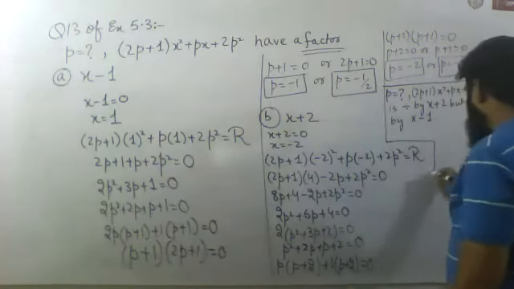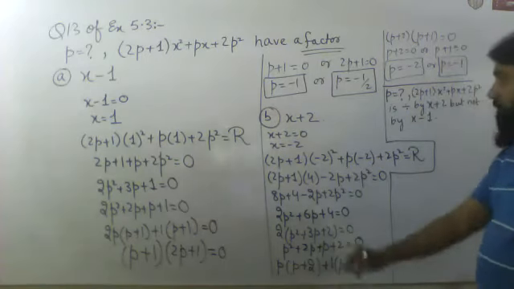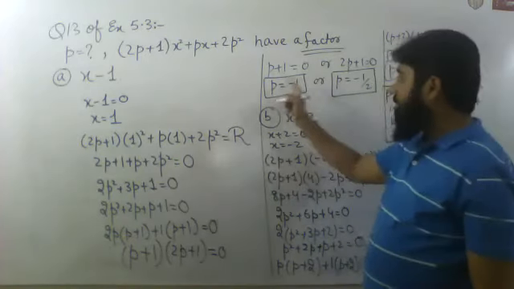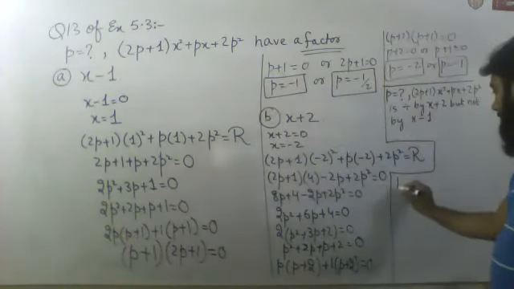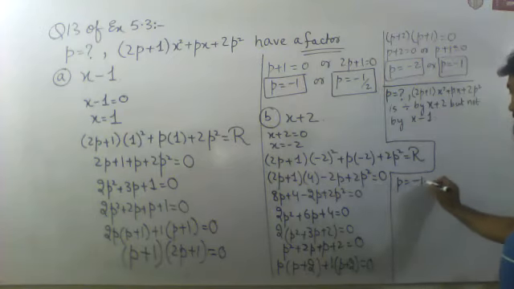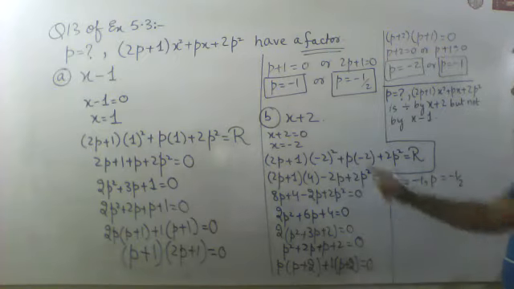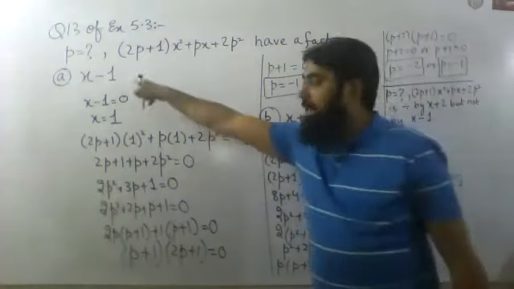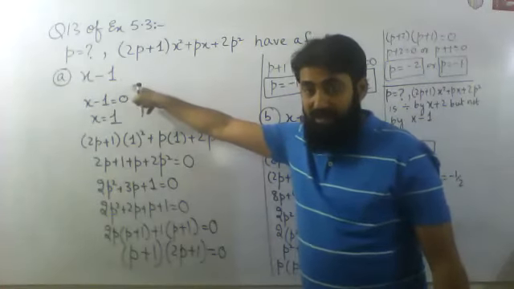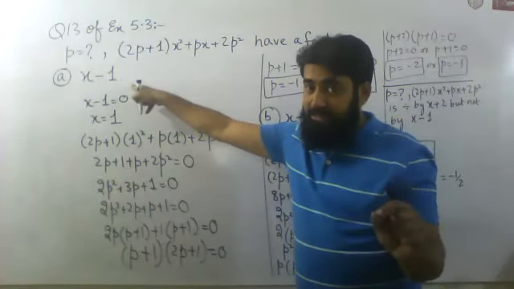Now, what I am going to do over here, beta, the value of p which I have got from x minus 1, that is coming p equals to minus 1 and p equals to minus half. This is the value which I have got when x minus 1 is the divisor, exactly divisible.